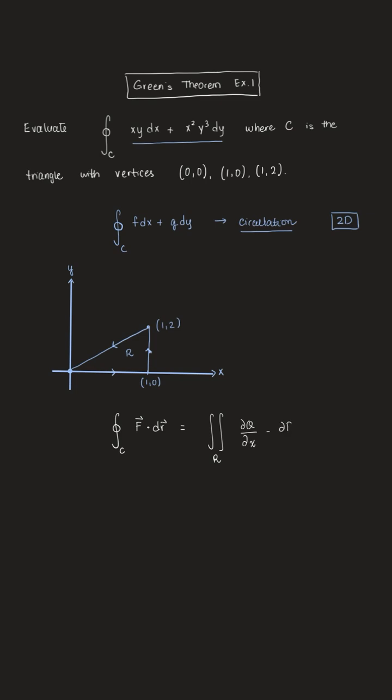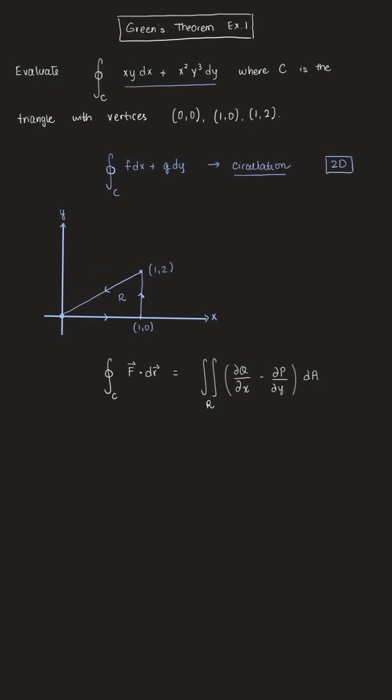This is the statement of Green's theorem, of course, with a couple of premises: we're dealing with a closed, simple curve, and both components of our vector field are differentiable functions. So we can use a double integral to calculate the line integral we're looking for. That's useful because then we don't have to parametrize every segment of the triangle. That would take us a long time. We'd have to do three separate integrals.